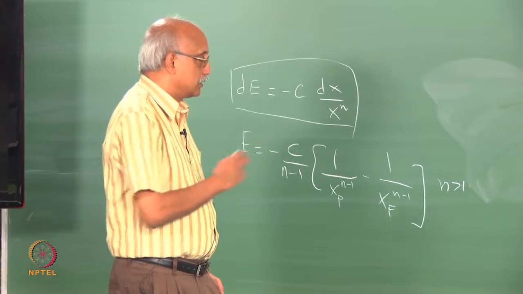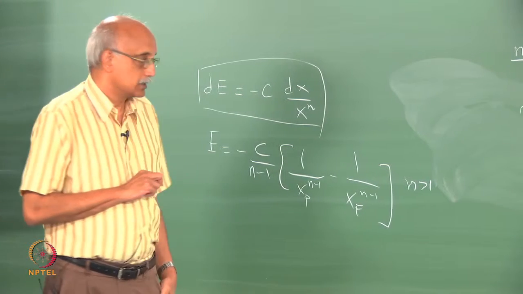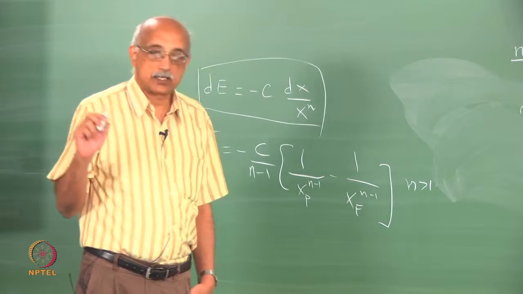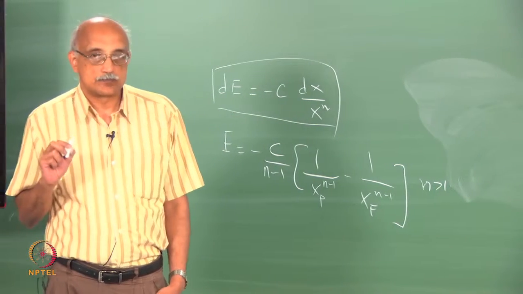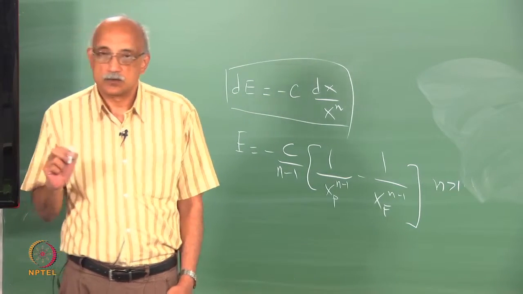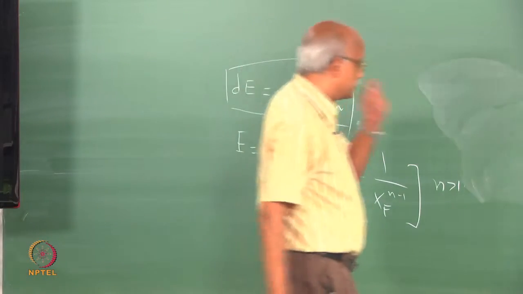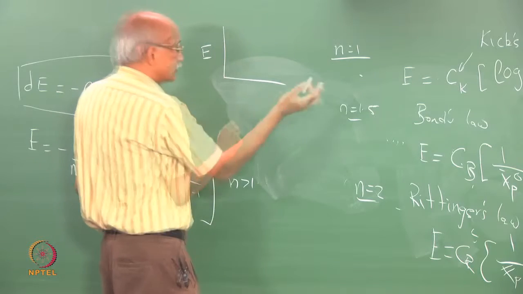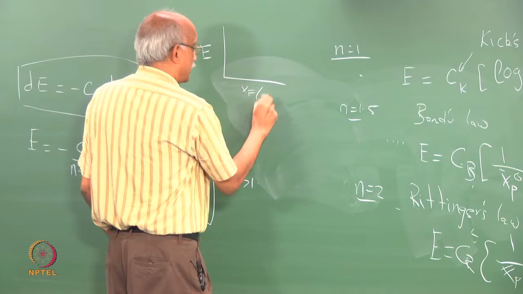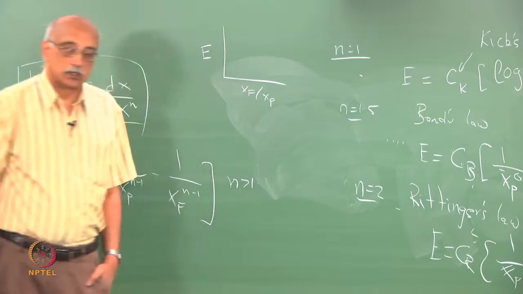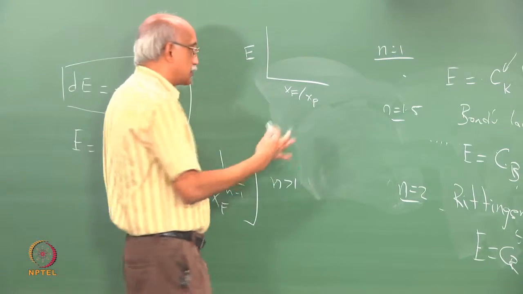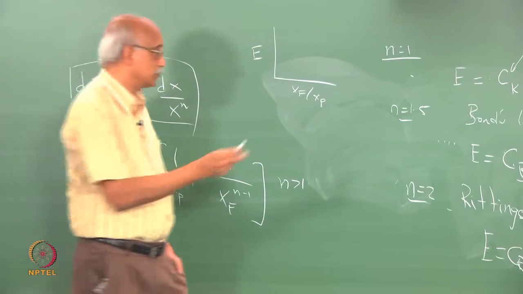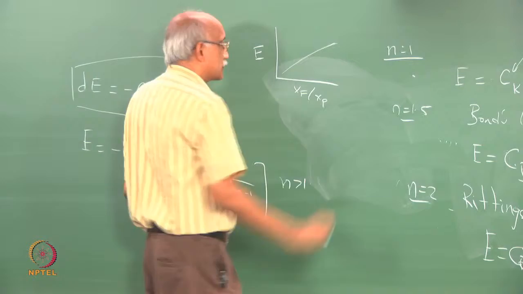Now, the thing again you will see in these expressions is that they don't really hypothesize a dependence on the actual sizes. In other words, suppose you did this and you calculated E, say as a function of xf over xp, you will get some dependence, right? As the product size decreases for a given feed size, the energy will keep increasing.